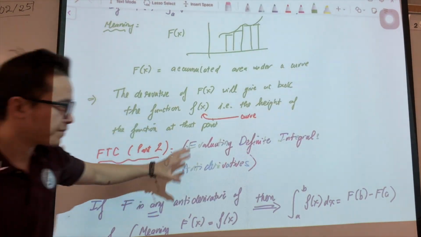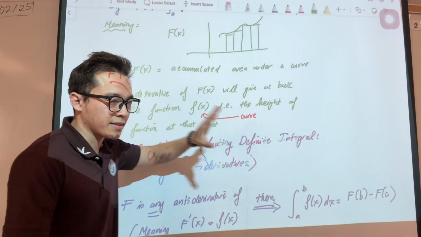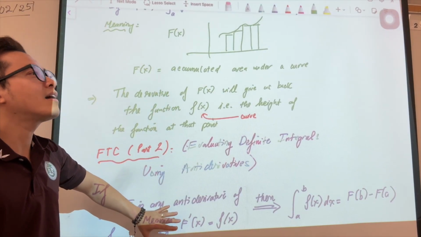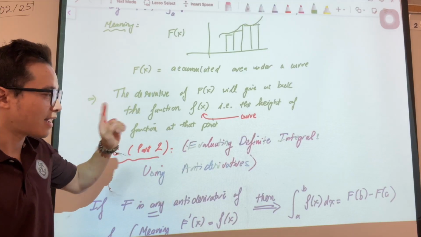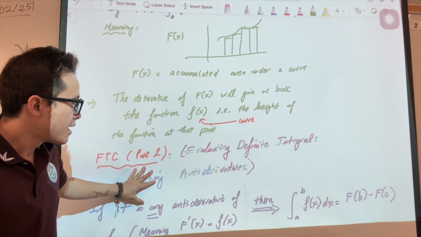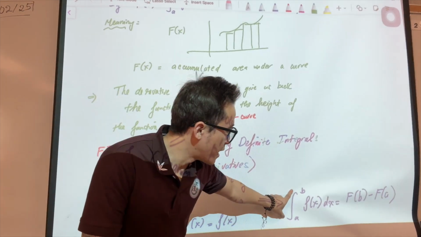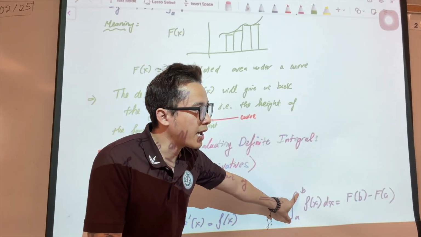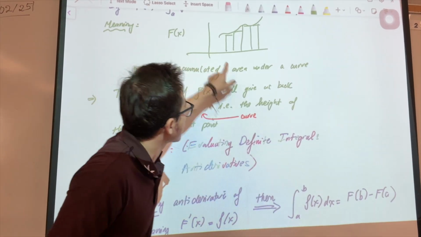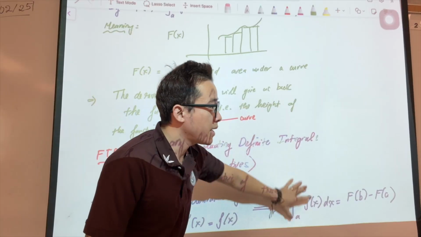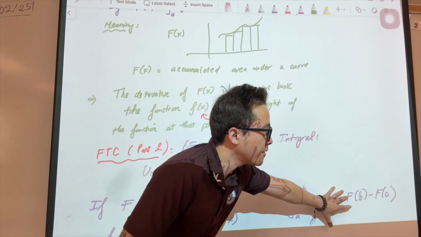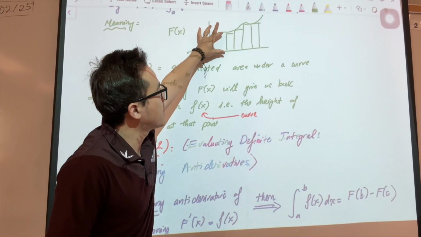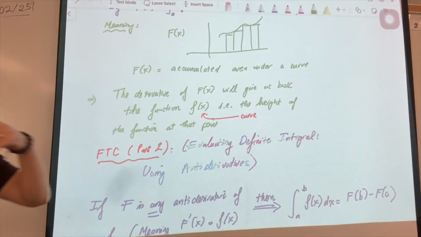Let me say it again. Yeah, I love the aha moment. I have that too when I learned math. That's when you understand stuff. So I say it again. The integral means the accumulated area. The accumulated area under the curve from A to B will be equal to the antiderivative of the end point, the B, minus the antiderivative of the starting point, the A. Okay? All right.